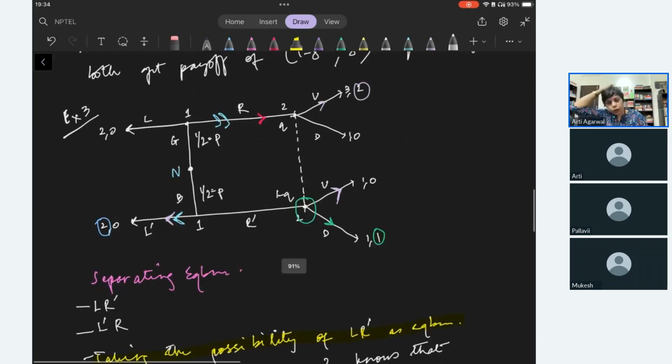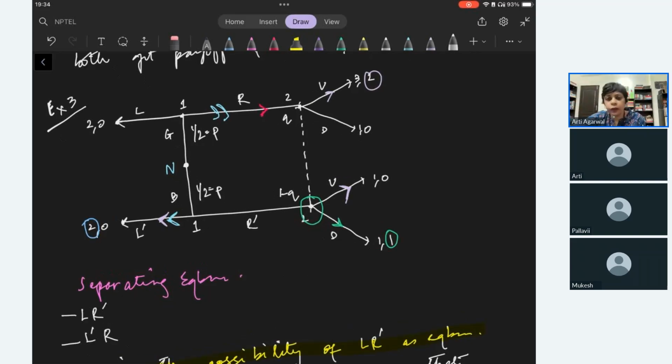Now let's talk about the pooling equilibria. Pooling equilibria is when, irrespective of the type, the players choose the same strategy, right? So in this case, whether player 1 is of type G or of type B, he is playing the same strategy, which is R and R prime or L and L prime.